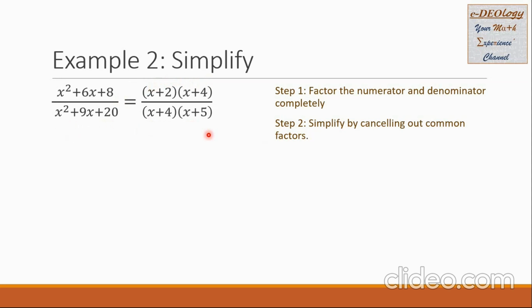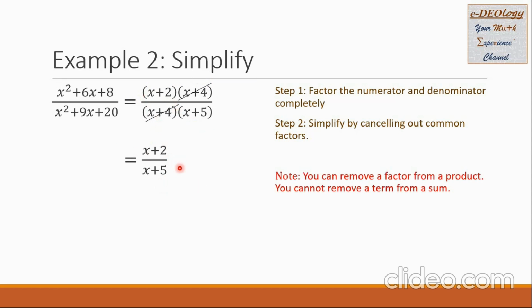And then in step 2, we will cancel the common factors. There is x plus 4 and also x plus 4 in the numerator and in the denominator respectively, so we can cancel it out. What remains in the numerator is the x plus 2, while in the denominator is this x plus 5. So we can remove the grouping symbol. One note is written here.